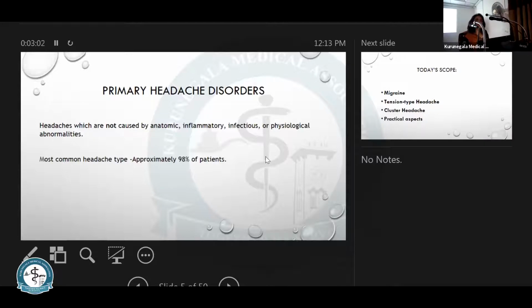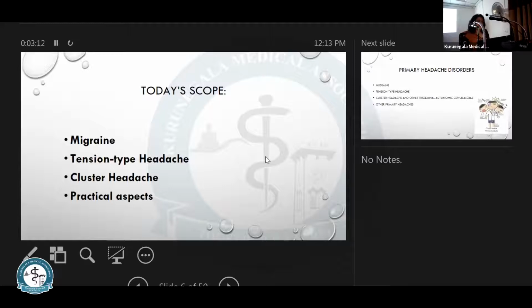Always, before considering the primary headaches, we need to exclude the secondary causes. So today, within the next half an hour or so, I'll be discussing 3 major types of primary headache disorders: migraine, tension type headache, cluster headache, and some practical aspects of managing patients with headaches in Sri Lanka.